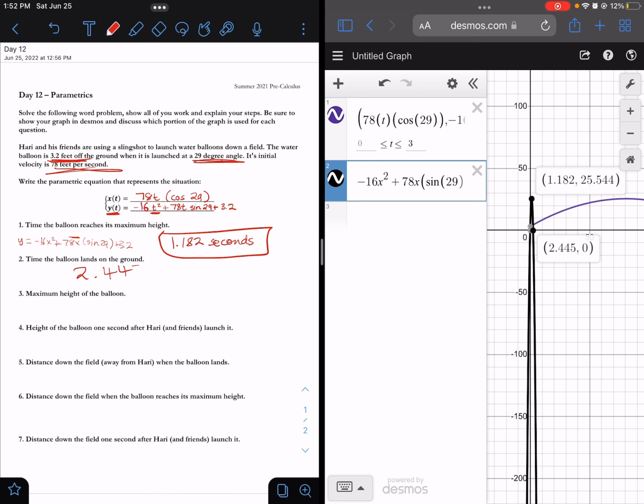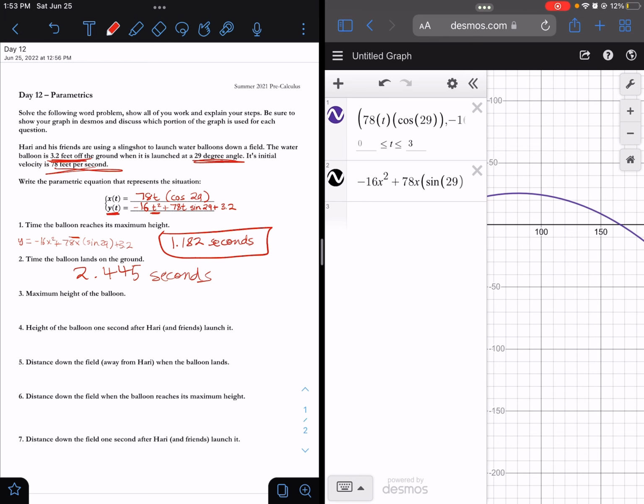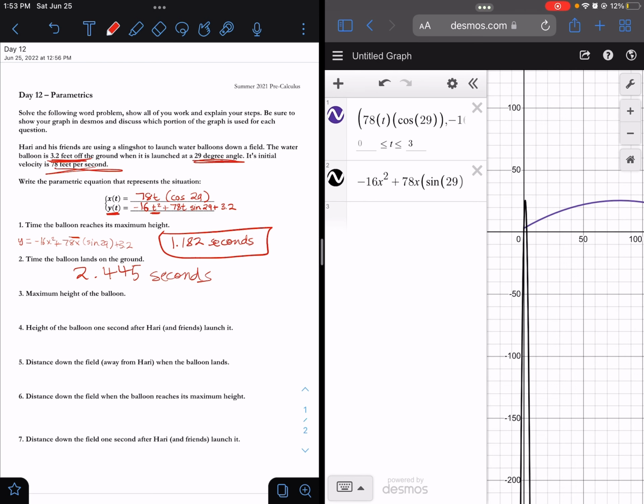Well, we can't actually see it, but the maximum height is 25.4, and at 0 it's 2 point something, so it's more than 1.1 seconds. So I'm going to say this is pretty accurate, and this is the answer.